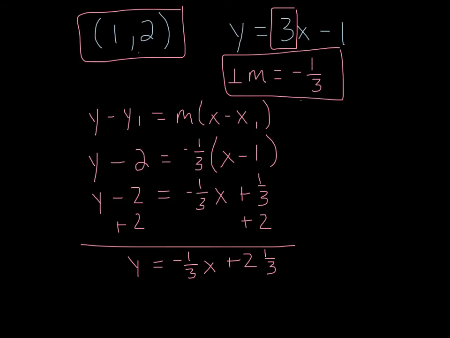Or if you wanted to switch it, you don't have to, y equals negative 1/3 x plus 7/3. Alright, so hopefully you saw all those steps. If not, pause it, go back and check it out again. The next page has another few examples, or try these, so give those a shot and then come on back.